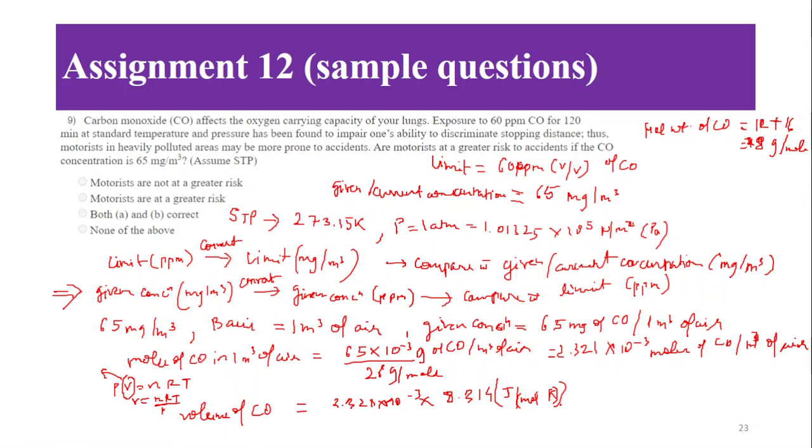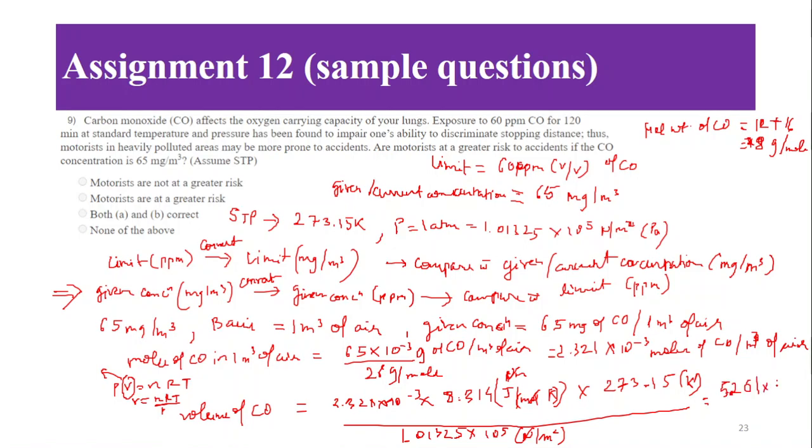So we get here meter cube of CO per meter cube of air, 5.201 into 10 to power minus 5 meter cube of CO per meter cube of air.